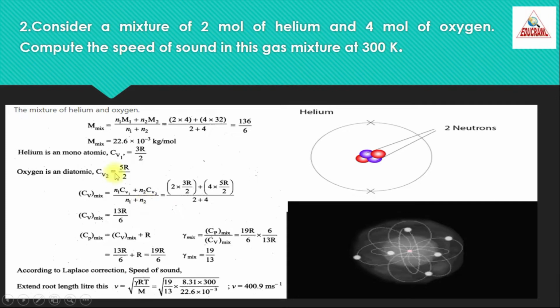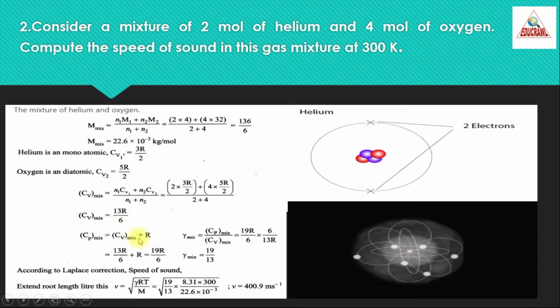Now substituting the Cv1 value, Cv2 value, N1 and N2 in this equation, we get Cv value as 2 into 3R by 2 plus 4 into 5R by 2, the whole divided by 2 plus 4. Now cancelling the terms, we get the total Cv as 13R by 6.